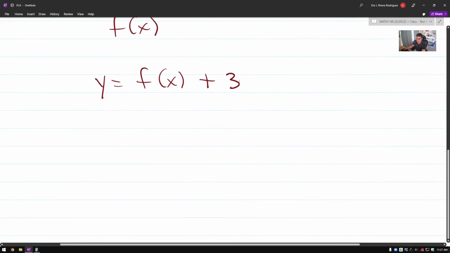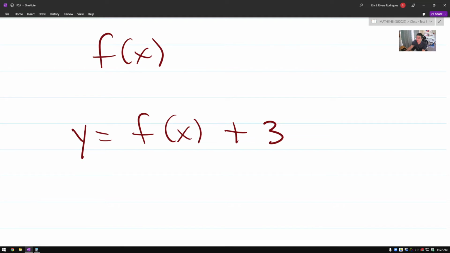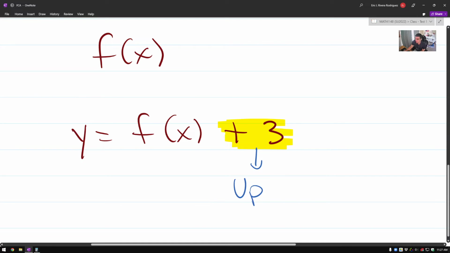We don't know exactly what that function is, but what we know is that the parent function is f of x, and we are adding 3 to f of x. So the transformation that is happening here is that we are going up 3 units. Does that make sense? Is the example helping you?